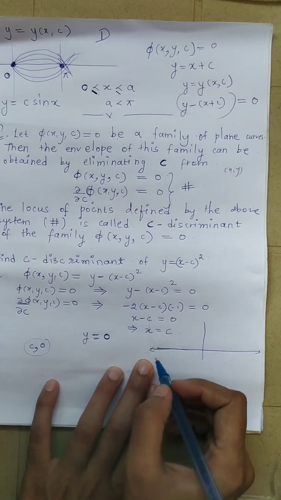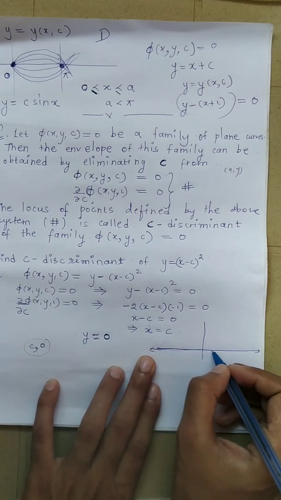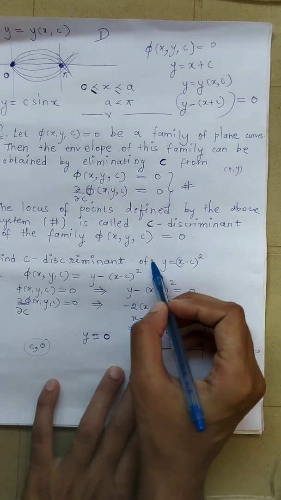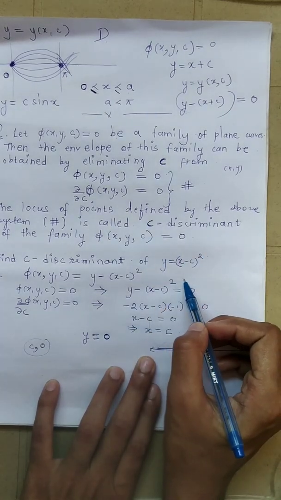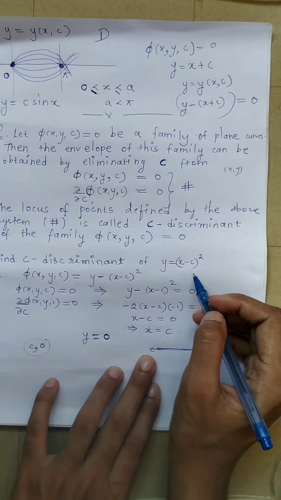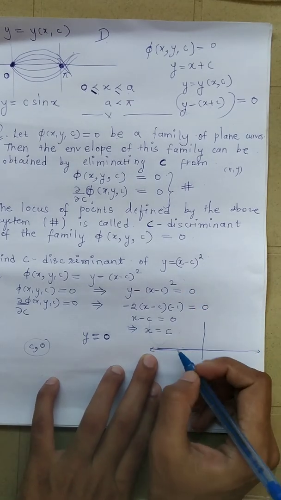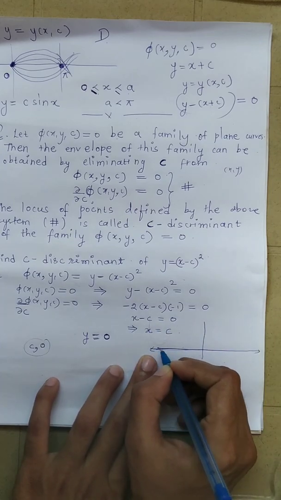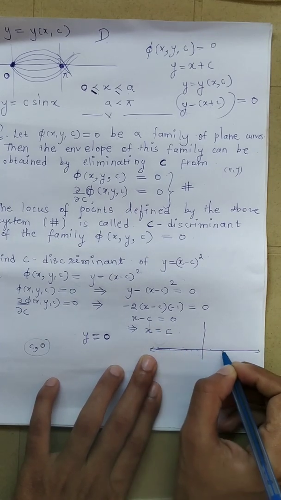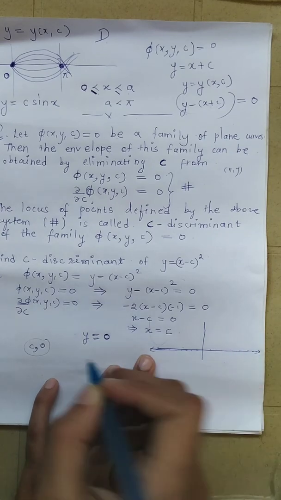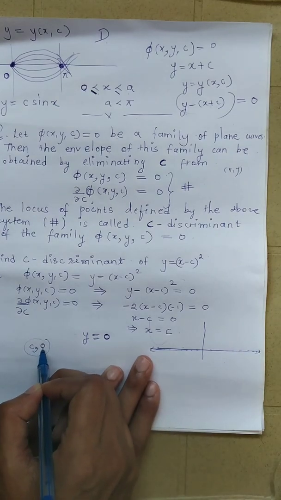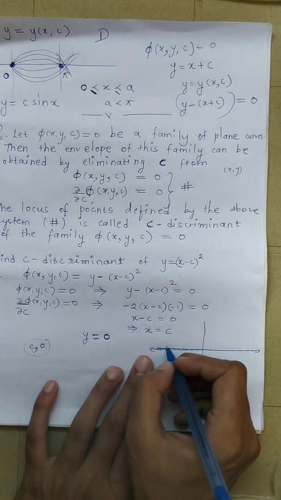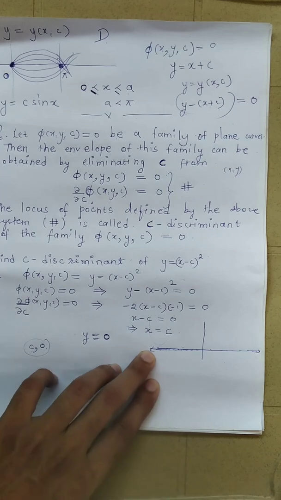You can see that this line is touching all the curves that are represented by this family, and each portion of it is also touched by many curves of the family. And what are these points? If we write them in coordinates, they will look of this form, c comma 0, whatever is that c corresponding to that curve.